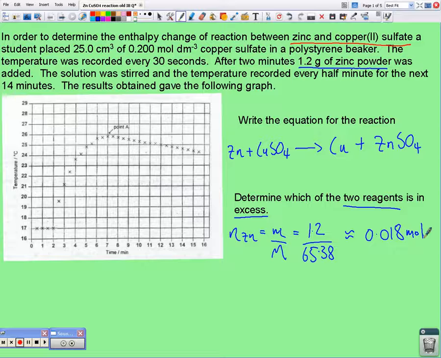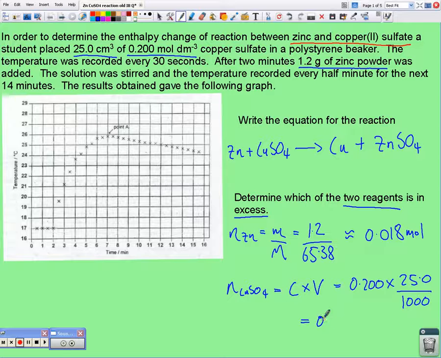The number of moles of copper sulfate, well, the copper sulfate is a solution, and we've got its volume and we've got its concentration. So if we know concentration and volume, we can find the number of moles. Can convert those cc's to dm cubed by dividing by 1000, and I end up with 0.005 moles, which is a lot less than 0.018.